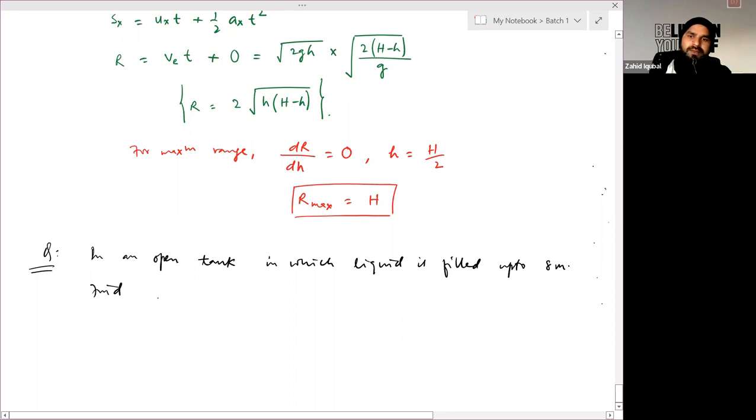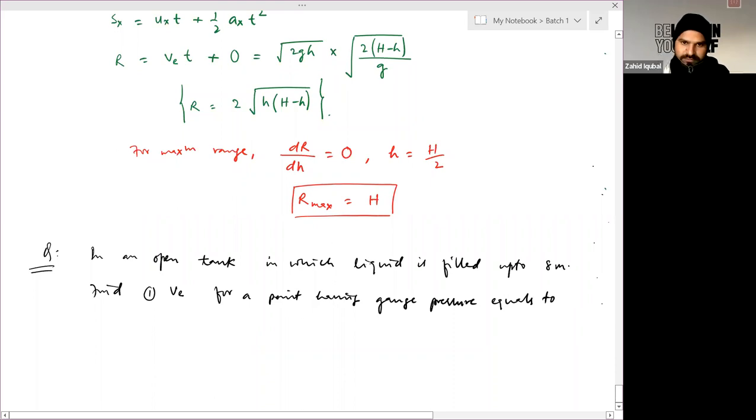Find first, the velocity of efflux for a point having gauge pressure equal to, this liquid is water, 5 into 10 to the power 4 Pascal.